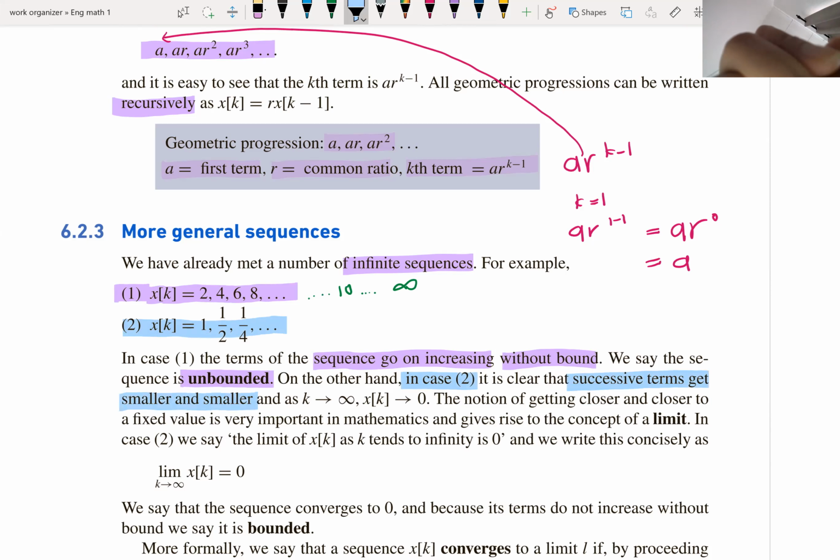As you can see here, 1 over 2, 1 over 4, and then 1 over 8, and let's say simply 1 over 10, it can go until 1 over 100. So this is 0.1, this is 0.01. It keeps getting smaller until it gets closer to 0.